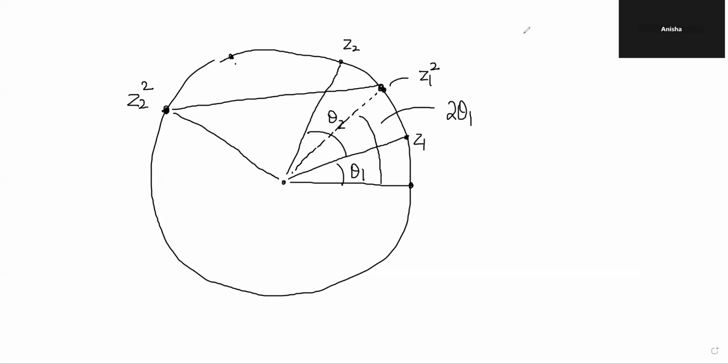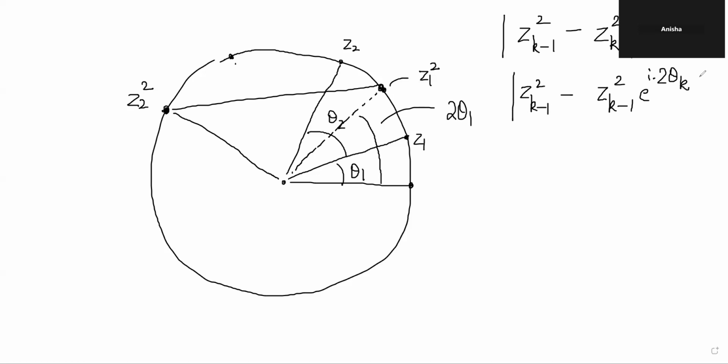one thing we could do is think of what mod of zk minus 1 square minus zk square is. That is one of the terms in the summation, right? Yes. So we can say zk square will be zk minus 1 square times e power I 2 theta k, and this is like this, correct?